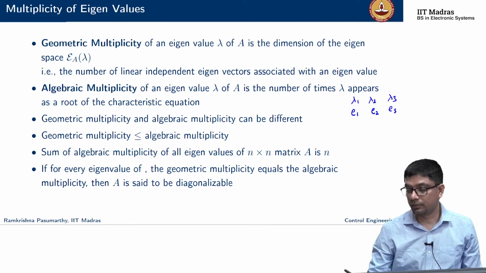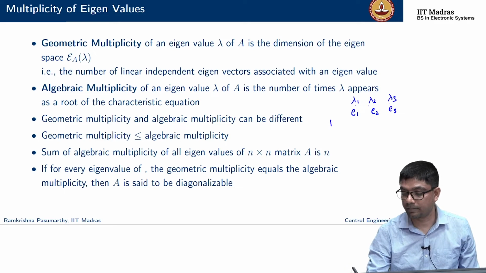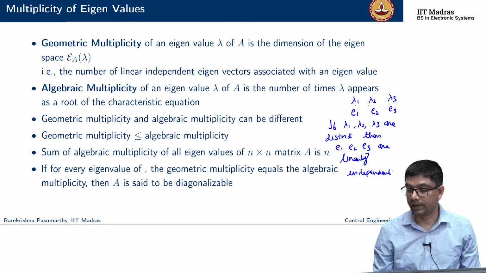Okay. So now if lambda 1, lambda 2, lambda 3 are distinct, then my E1, E2, E3 are linearly independent.